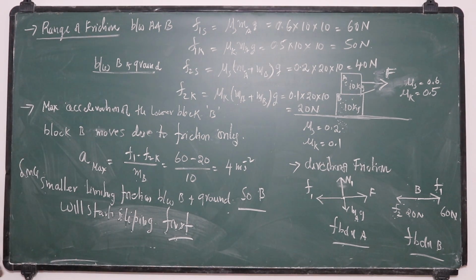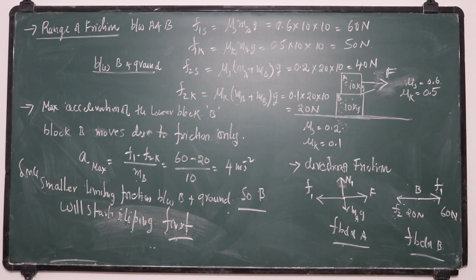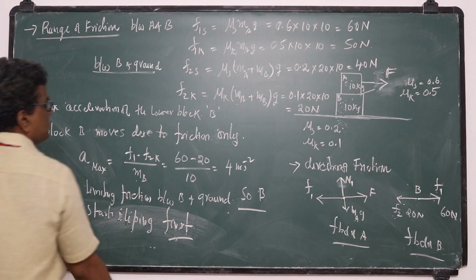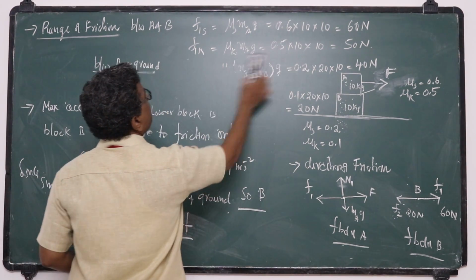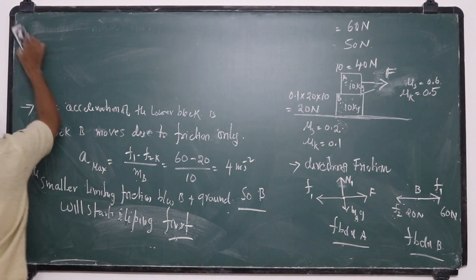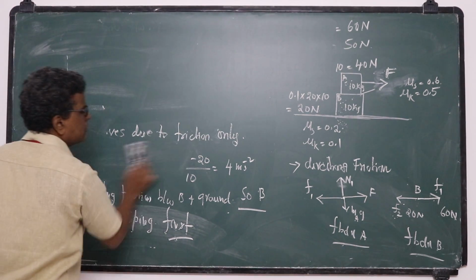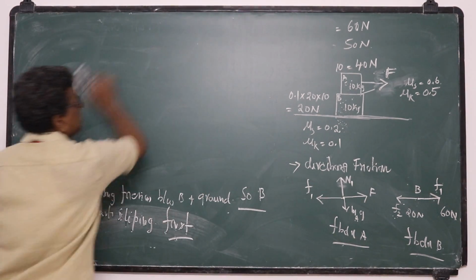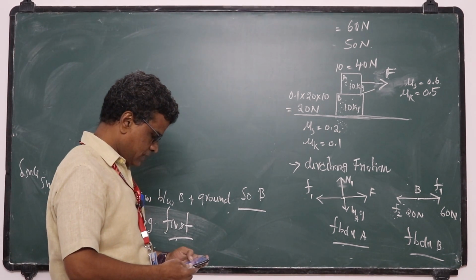The next one. Then both blocks will move together. Remember these values because I need this space. Maximum acceleration is 4.